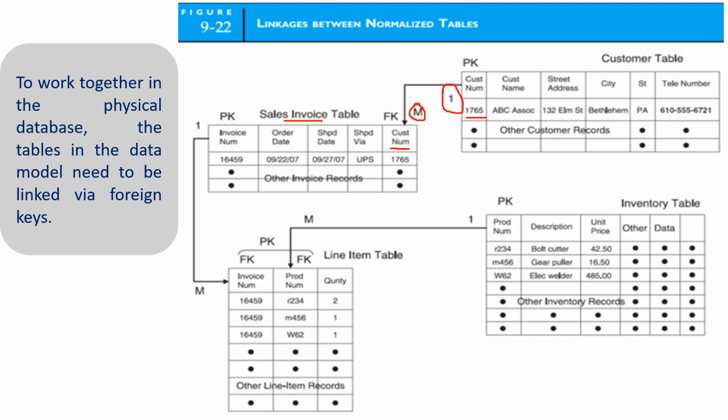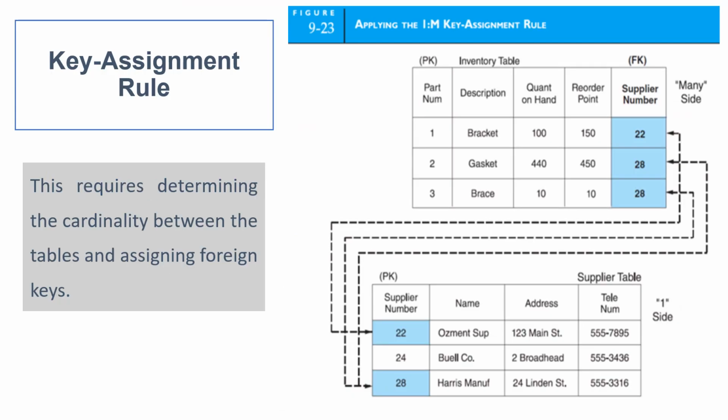Here the primary key is the product number, and you will see here one product number can be involved in many line item records, and it is a foreign key in the other table.